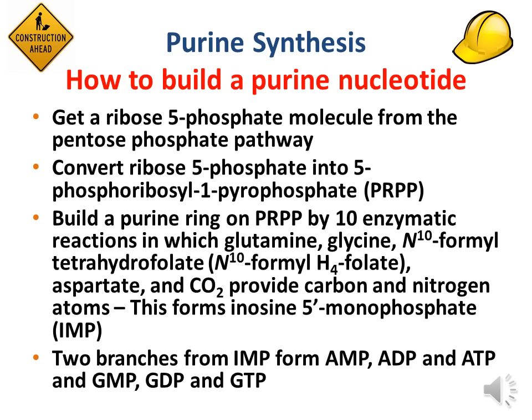Next, you're going to build a purine ring on PRPP by 10 enzymatic reactions in which carbon and nitrogen atoms are obtained from glutamine, glycine, N10-formyl tetrahydrofolate, and carbon dioxide. This will form a molecule of inosine 5-monophosphate, which is abbreviated as IMP. Next, from the IMP branch point, you are going to form molecules of AMP, ADP, and ATP, or GMP, GDP, and GTP.